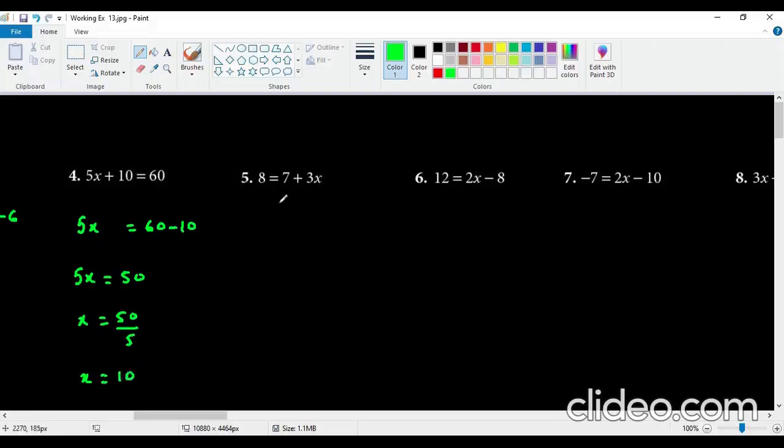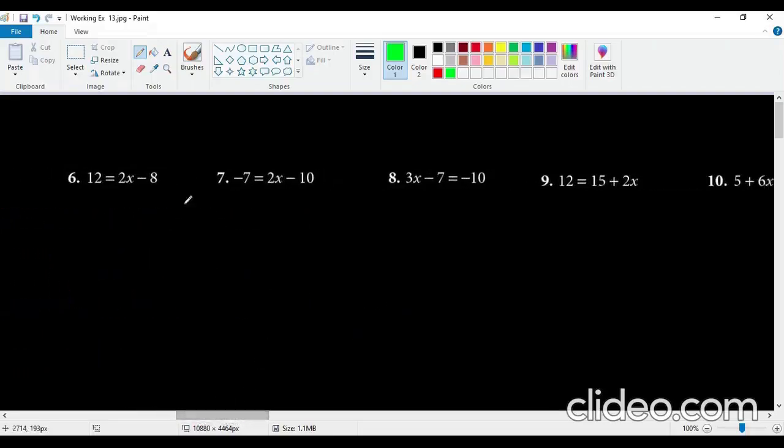Now it's opposite. Over here numbers are on the left hand side, so 8 minus 7 equals 3x, and 8 minus 7 is going to give us a 1, 1 equals 3x. That means 3 is multiplying on this side, other side it will go and divide 1, and you get this answer for question number 5.